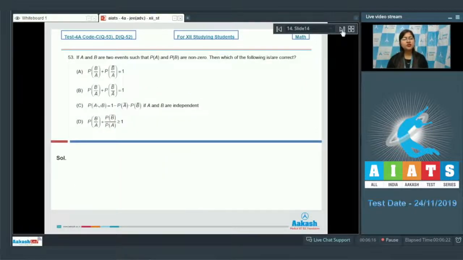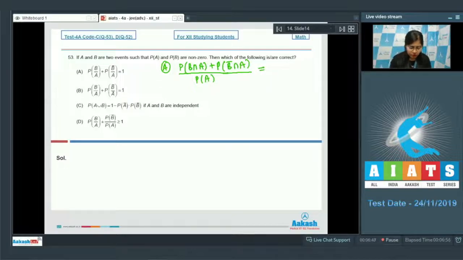Next is question number 53. If A and B are two events such that P(A) and P(B) are non-zero, then which of the following is or are correct? Now, option number A, it says that probability of, now we know that probability of B by A is B intersection A divided by probability of A. Similarly, the second one can be written as probability of B bar intersection A, right?